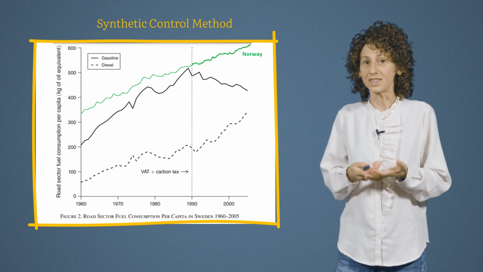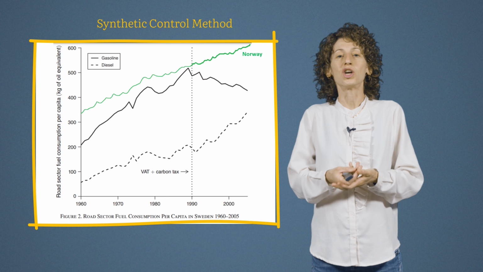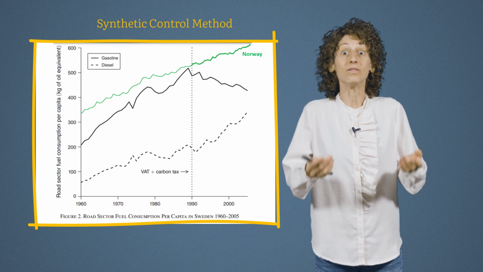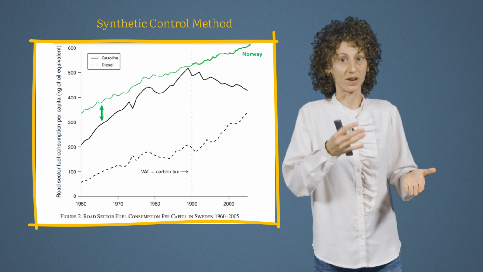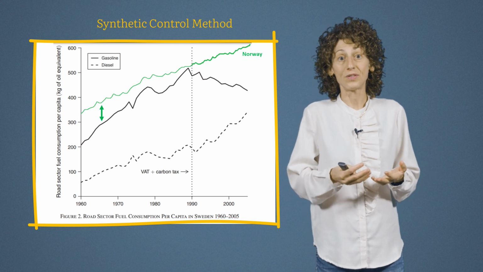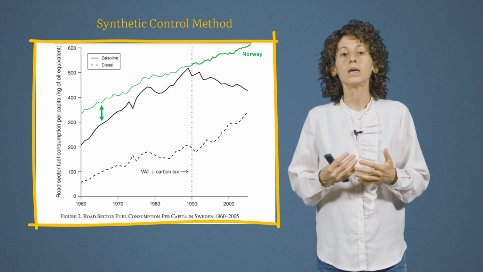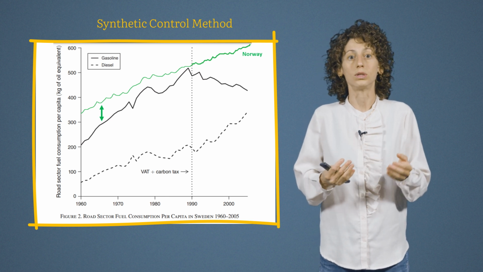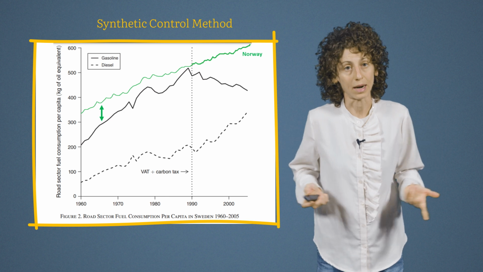However, this approach isn't entirely convincing, as in this example, Norway's trends before 1990 do not match Sweden very well. The difference likely persists over time, making it difficult to attribute the entire difference between Norway and Sweden only to the carbon tax.